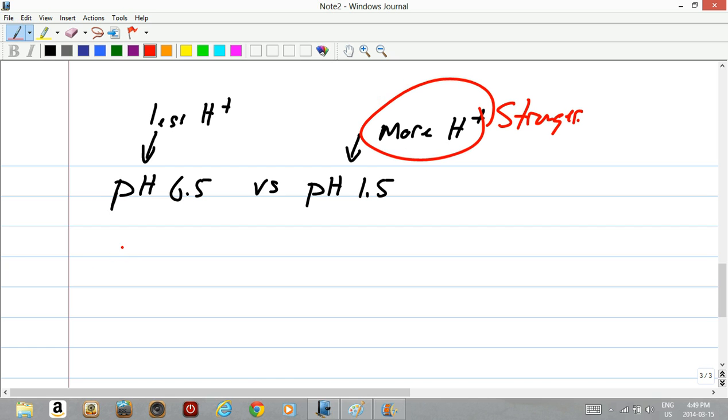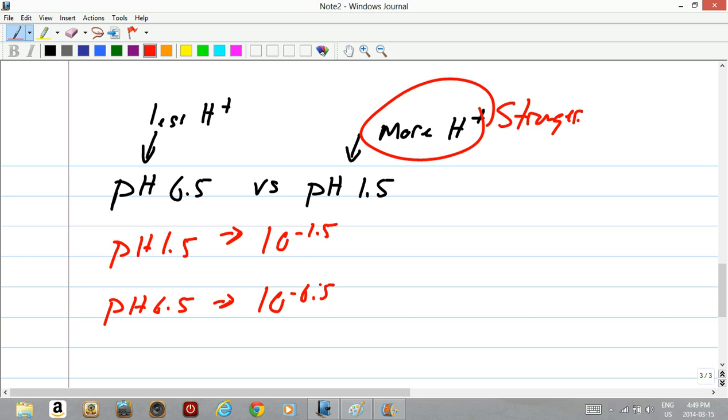Okay, so same idea. A pH of 1.5 would be 10 to the power of negative 1.5. A pH of 6.5 would be 10 to the power of negative 6.5.